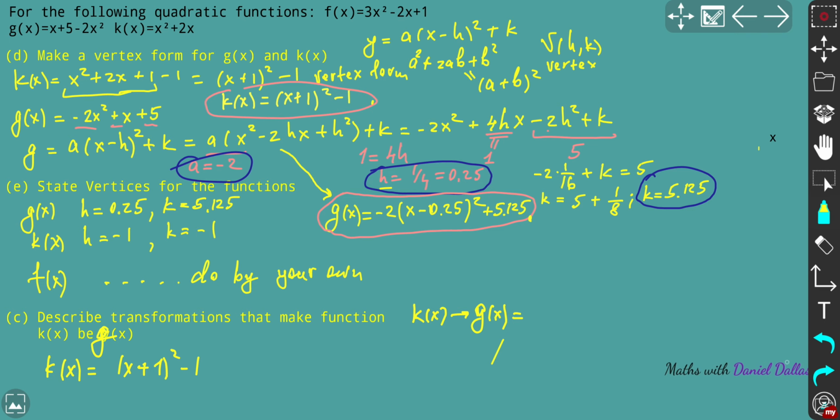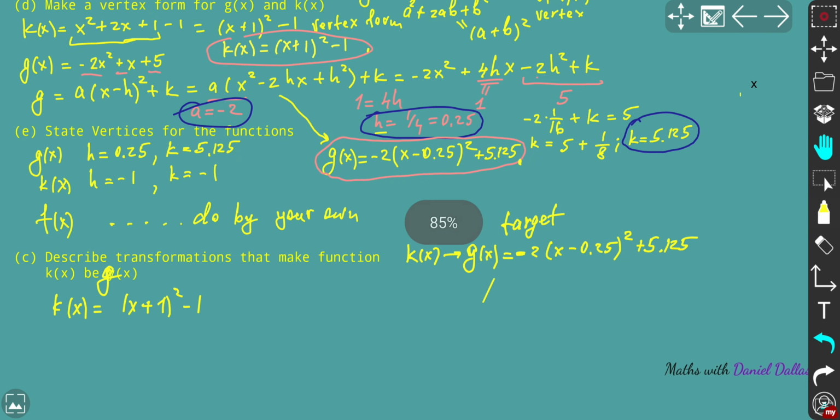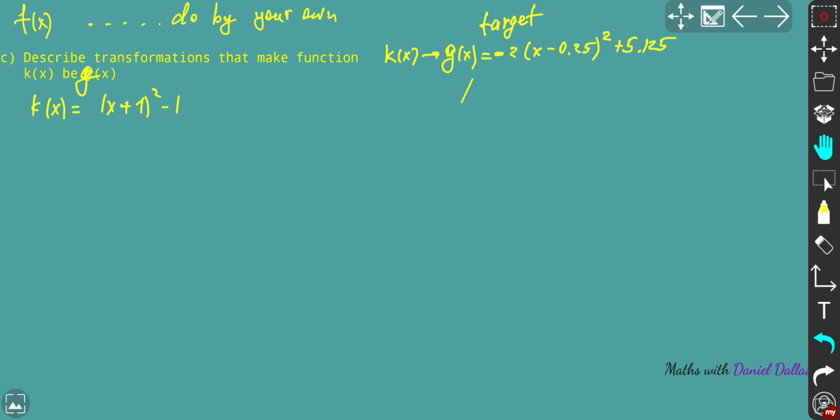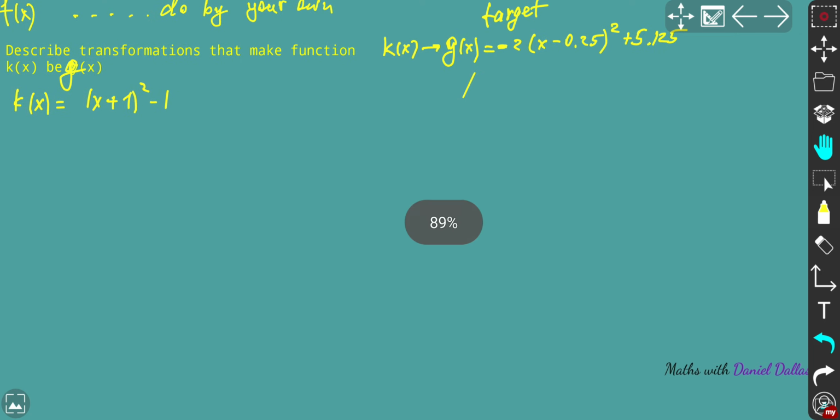So the final g form for our function is negative 2 times (x minus 0.25) squared plus 5.125. Okay, so that's the target. So this function is the target. Okay, so now we don't need any other stuff except for what we have right now. And let's try to convert.